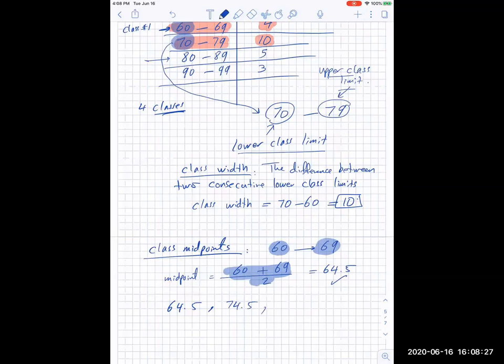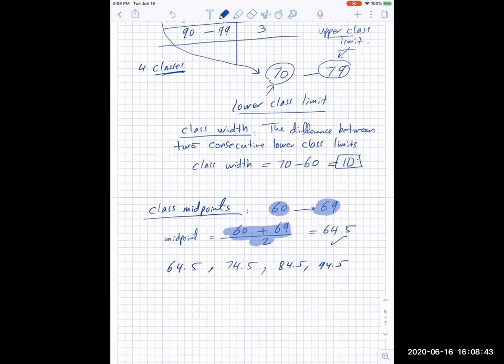What is the next midpoint? The next midpoint is 84.5. The next one, 94.5, and so on. Again, you can see the difference is always 10. When you go from one midpoint to the next one, you're going up by 10. Right? So these are class midpoints.